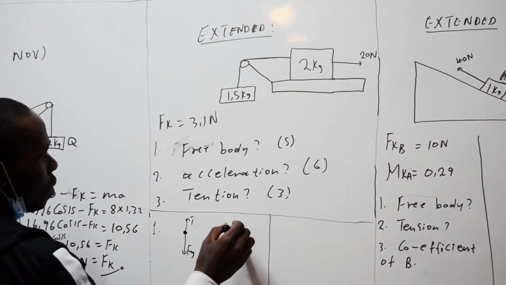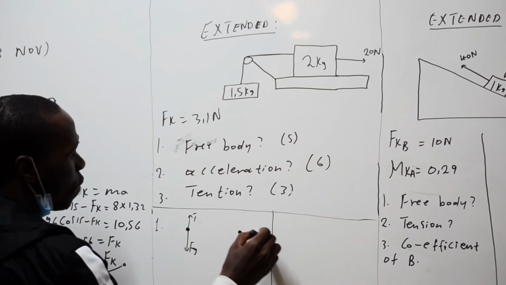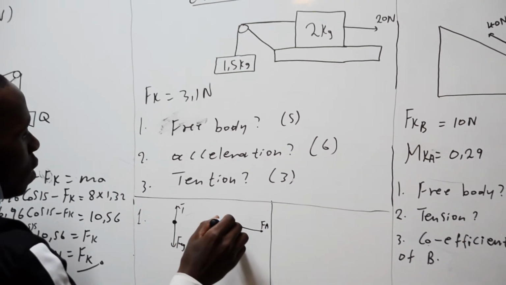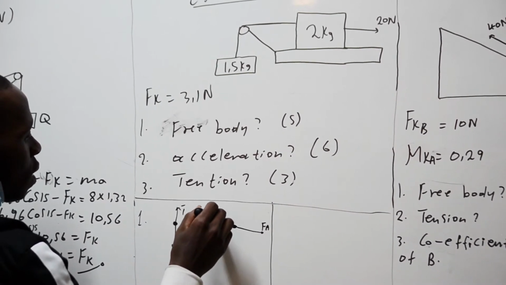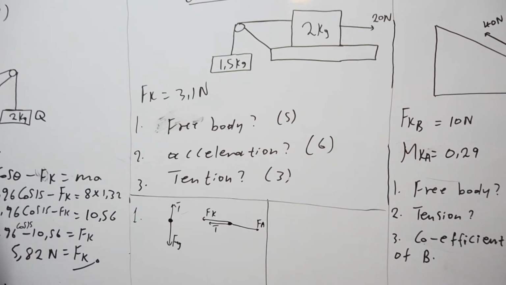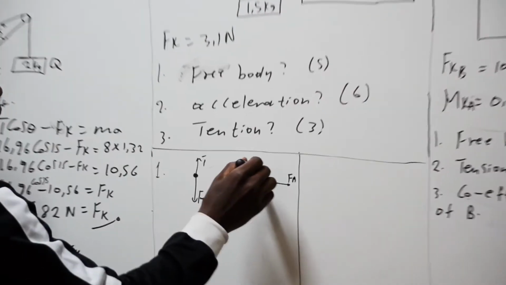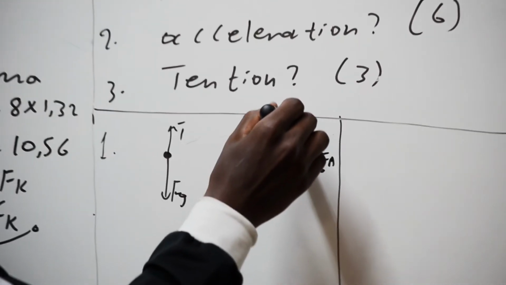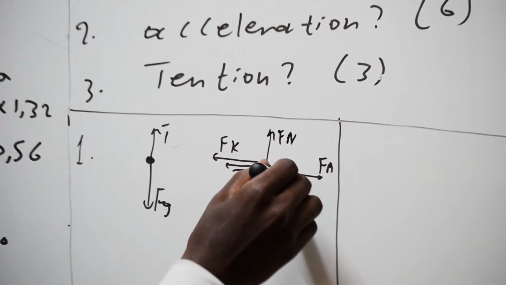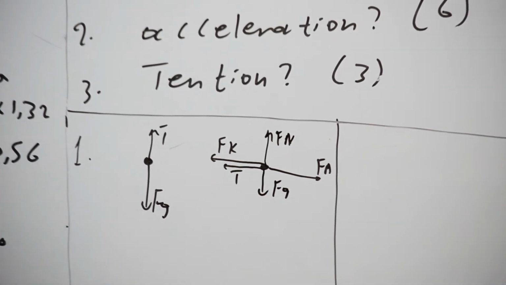Block 2 is 2 kg, with an applied force that is horizontal, which is FA 20 N, then FK, and the third force, which is tension. If there is tension on the first block, surely it is also on the second block, and if your FA is horizontal, then Fn is perpendicular to Fg.